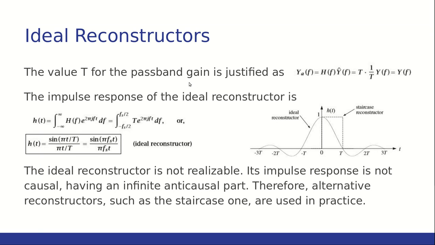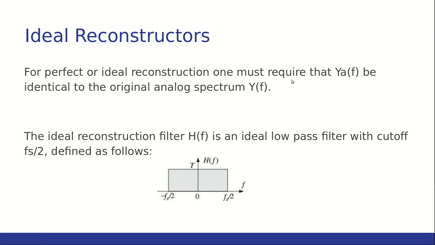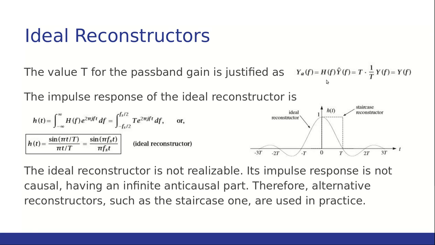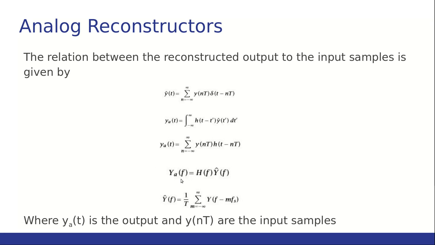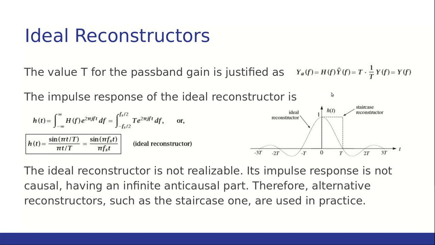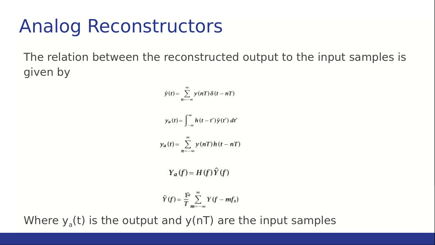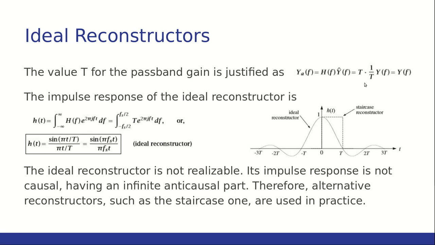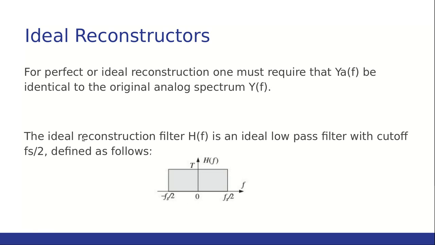So the value of T for passband gain for an ideal reconstructor is justified because we have seen for a perfect or ideal reconstruction, Ya of f should be identical to Y of f, and Ya of f, which we have obtained from this derivation, is this, and Y dash of f, which we have seen previously, is equal to 1 by T times Y of f when we see only in the Nyquist interval, and an ideal reconstructor removes all the spectrum outside the Nyquist interval.